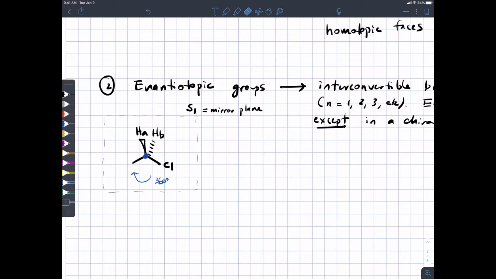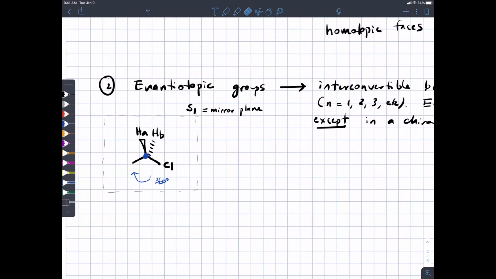And it has to bind with the methyl group in the palm and the chloro group in the fingers. There's only one way to do that. And when you do that, HB is pointing towards your palm and HA is pointing out. They're different in that case. But otherwise, outside of a chiral environment, they're exactly the same.